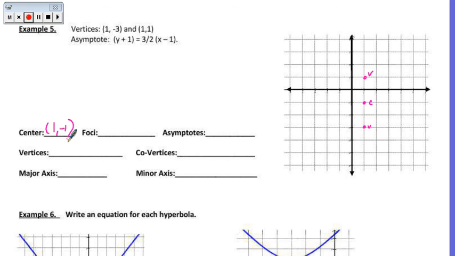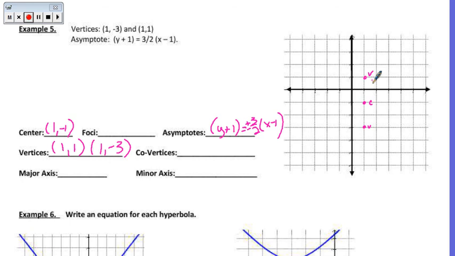My vertices were given 1, 1, 1, negative 3. It's also telling us I have an asymptote at y plus 1 plus minus 3 halves x minus 1. Don't really need the parentheses there, but it's okay if they are. So since we're running up and down this way, I know my a value is going up, my b value is going to the right over here.